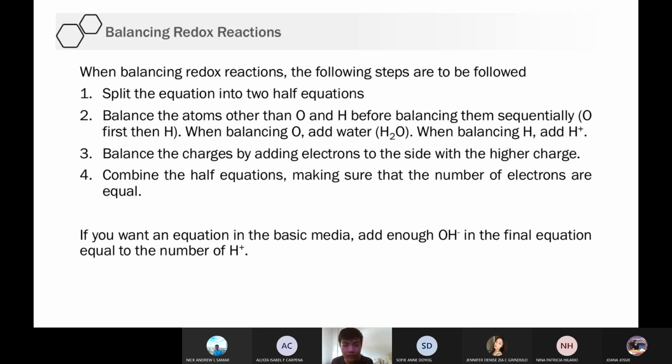Okay? Mamaya pakita ko. Okay? So, you need to balance the charges on both sides now. If they are unbalanced in charge, then you have to add electrons to the side with a higher charge. No? Bakit dun sa side with the higher charge?